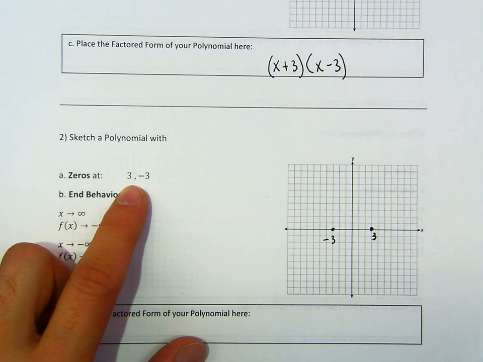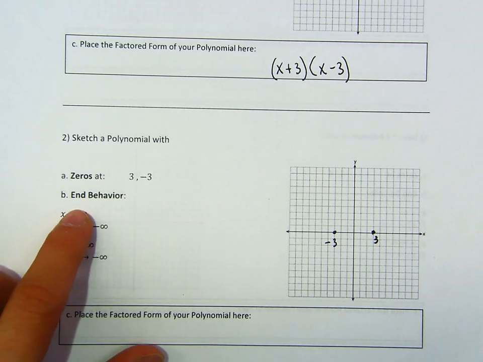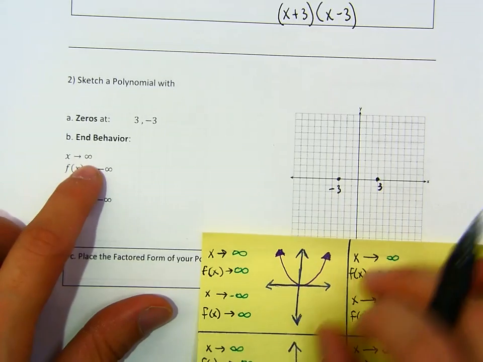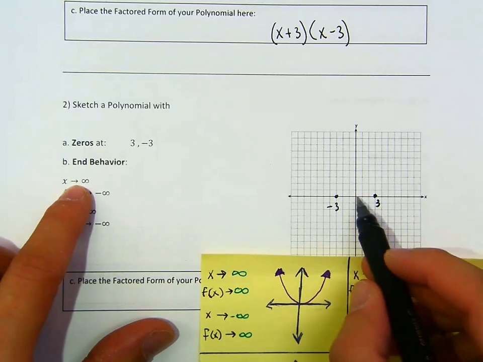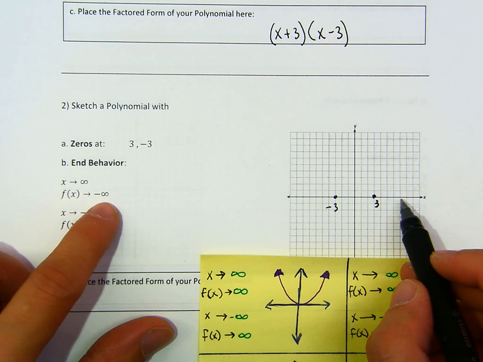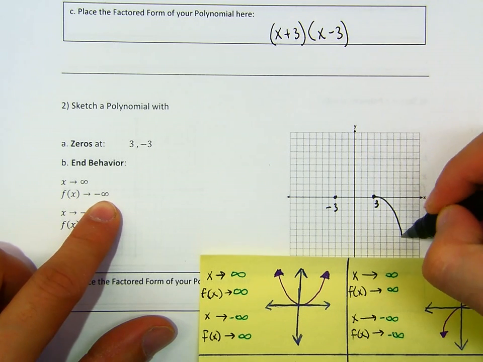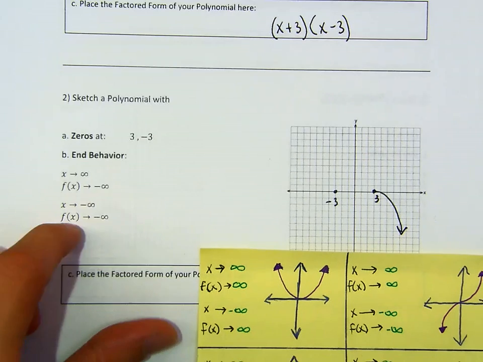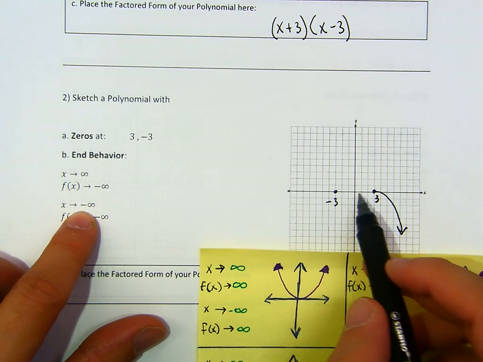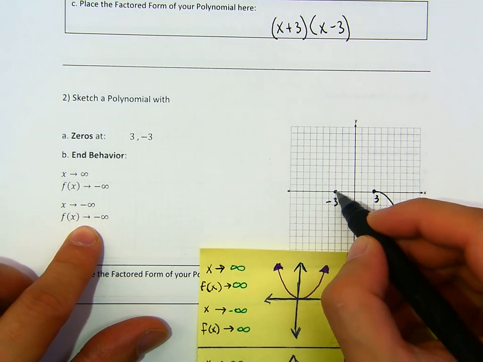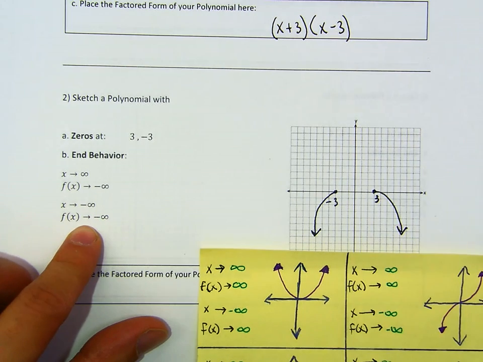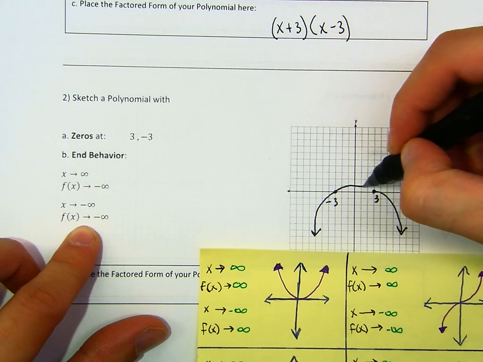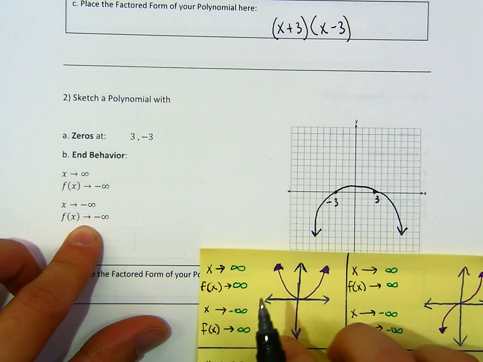It's -3. But the idea is for this end behavior, you see as x is going to positive infinity, right? F of x is going to negative infinity, okay? And what about here? As x is going to negative infinity, f of x is going to negative infinity. And then this will be our sketched graph, okay?